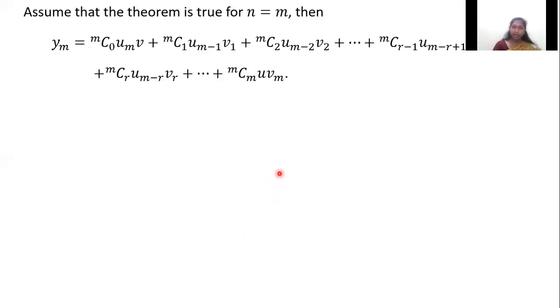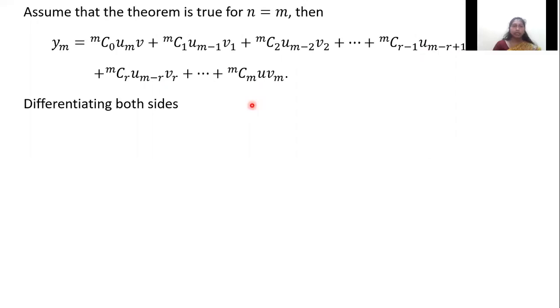If the theorem is true for n equal to m, what can we write? ym is equal to mC0 umv plus mC1 um minus 1 v1 plus mC2 um minus 2 v2 plus etc. plus mCr minus 1 um minus r plus 1 vr minus 1 plus mCr um minus r vr plus etc. plus mCm uvm.